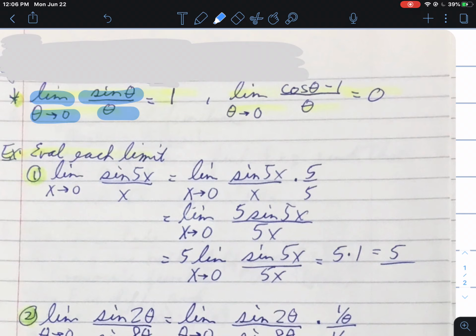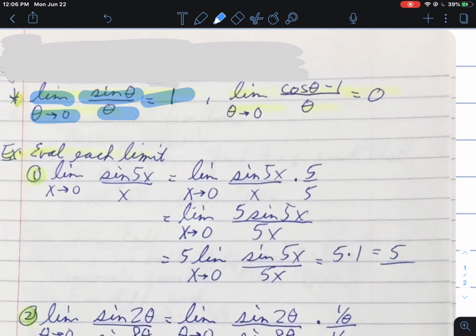So we're just giving you this. We could do a whole table of values and go through that whole process. We could look at the graph, et cetera. So we're just giving you the value of these limits at this point. Again, if you're interested in why this is what it is, you can look in the section and read through that. And I'm telling you that the limit as theta approaches 0 of sine theta over theta equals 1.